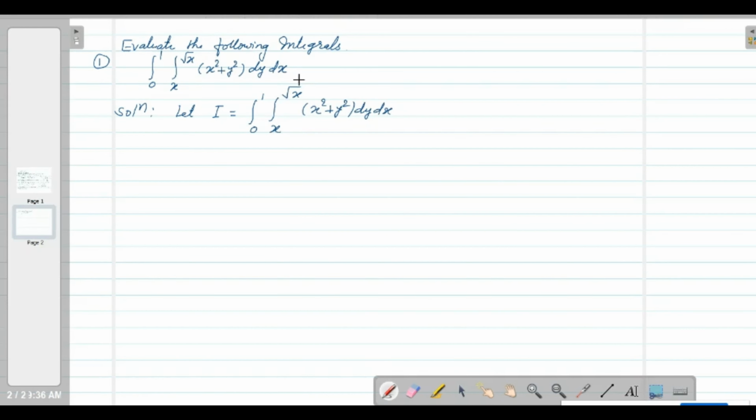We will evaluate the variable limit first, then the constant limit later. This is the limit of y. So this is integration of 0 to 1, and this is the limit of y, y equal to x and root x, of x square plus y square dy. So we will evaluate this integral with respect to y first, then x later.